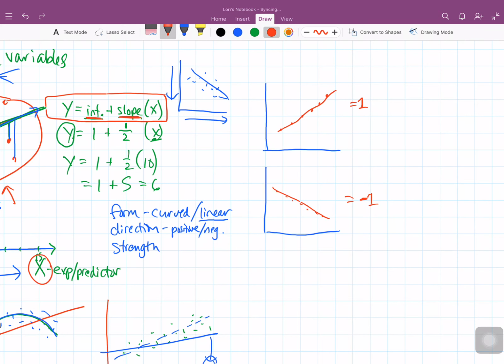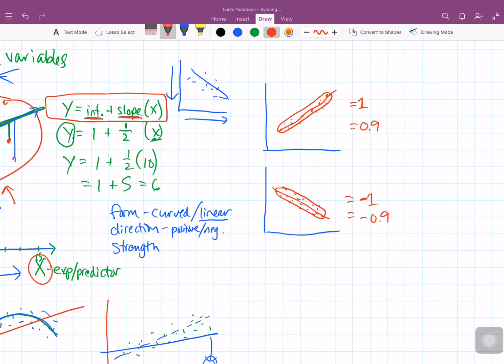Now, to the extent that there are a few that are farther away from the line, both of these would probably be approximately equal to 0.9 or equal to negative 0.9. And so they're still pretty close to the line if we were to draw a little football shape around them. But they're starting to get more spread out.